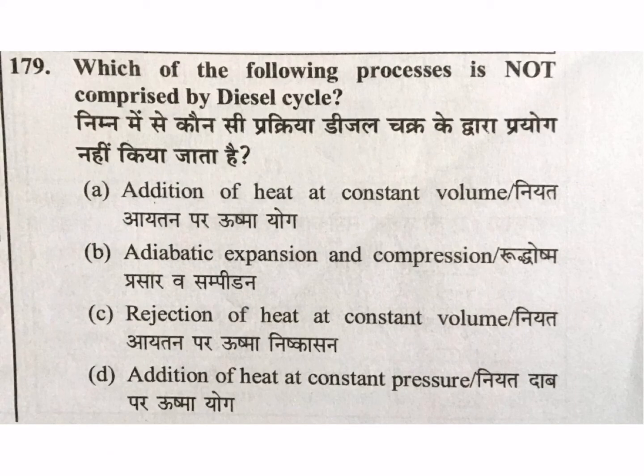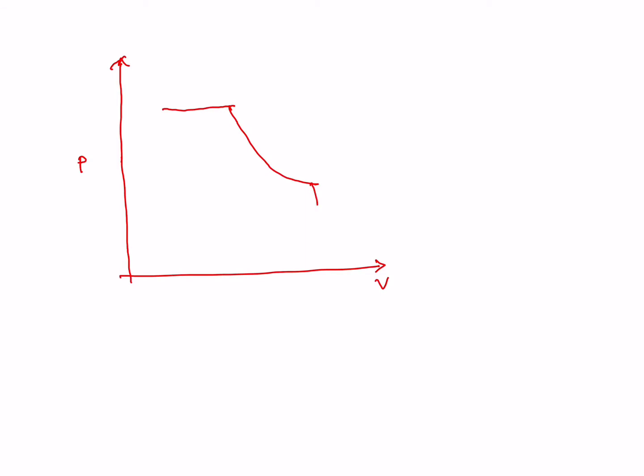Which of the following processes is not comprised by the diesel cycle? So we will discuss the diesel cycle, PV diagram. 1 to 2 compression, then heat addition, 2 to 3 constant pressure heat addition, 3 to 4 expansion, 4 to 1 exhaust.